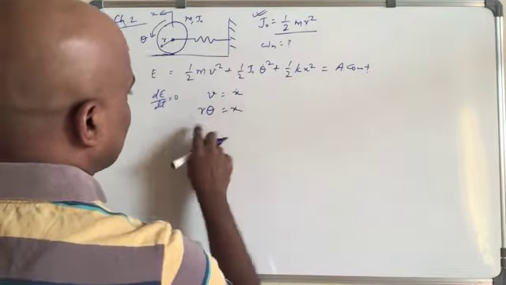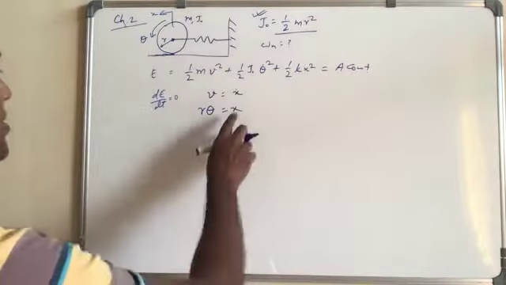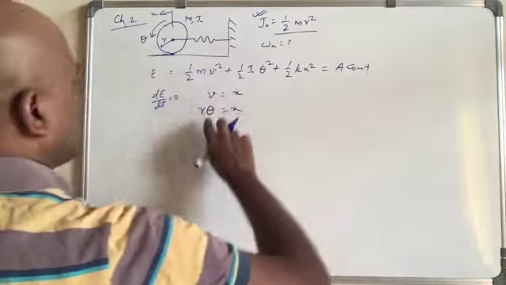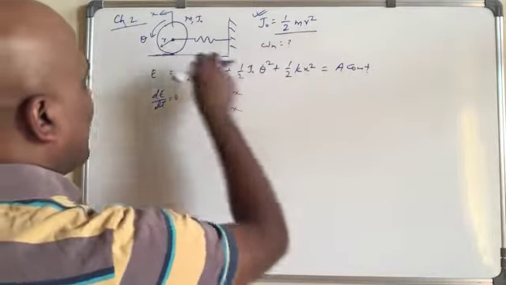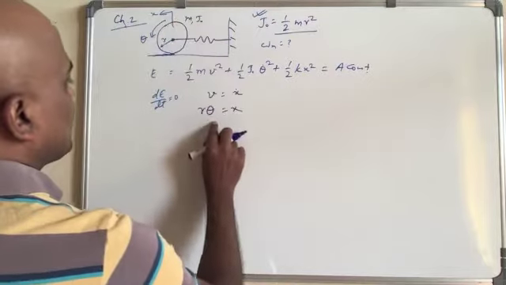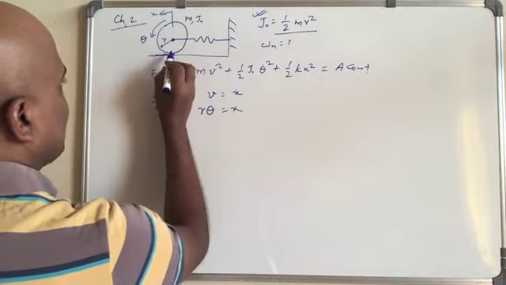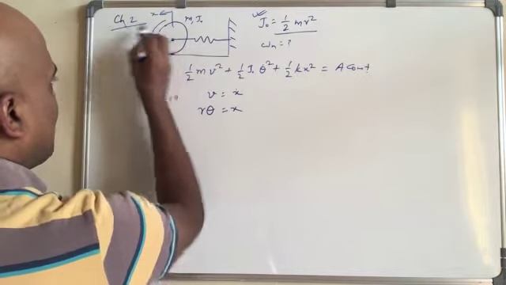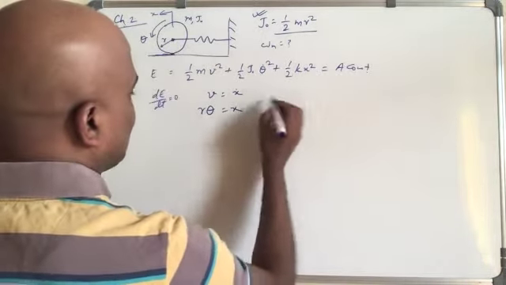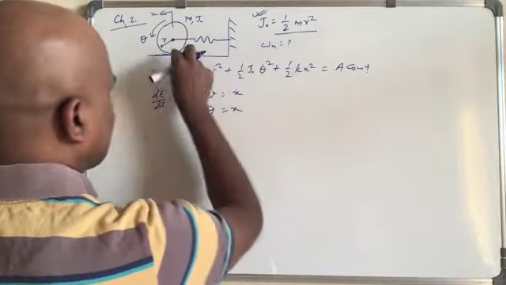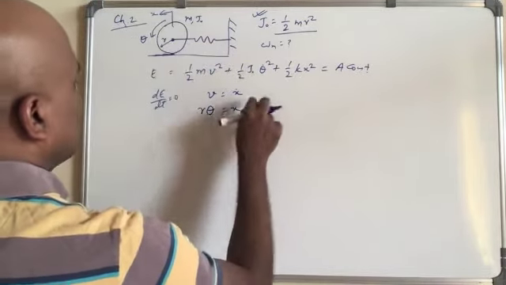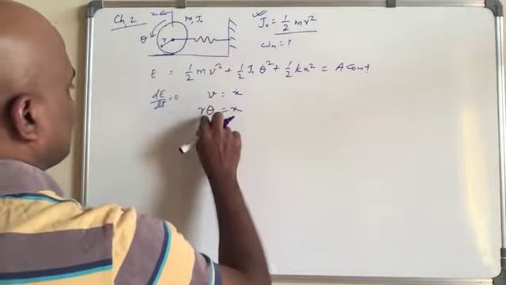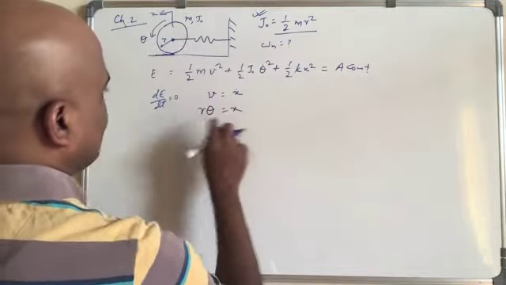This is how the relation is, right? So theta equals x over r. Why? When this rolls one complete cycle, the distance x by which it rolls will be 2 pi times r. Hence this is the relation.